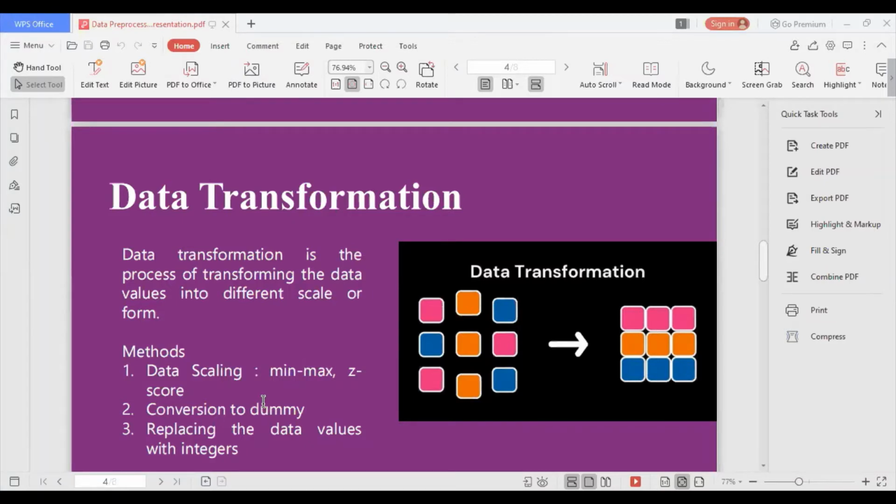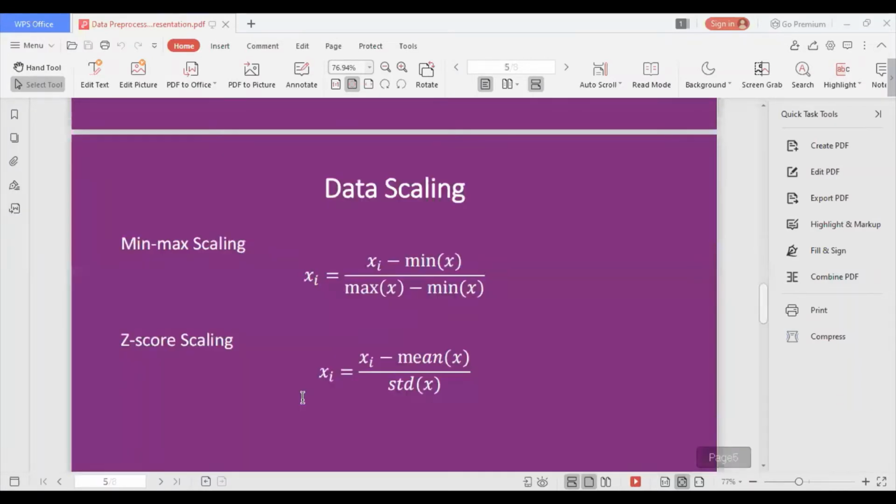Anywhere you have black or Africa, you can replace it with 2. Anywhere you have Asia, you can replace it with 3. Do you understand that? So that is data transformation, data scaling, and conversion to dummies. I'm still going to explain conversion to dummies once we get to writing code. If you want to convert data to dummies, you are just representing it as 1s and 0s. Do you get that? Okay.